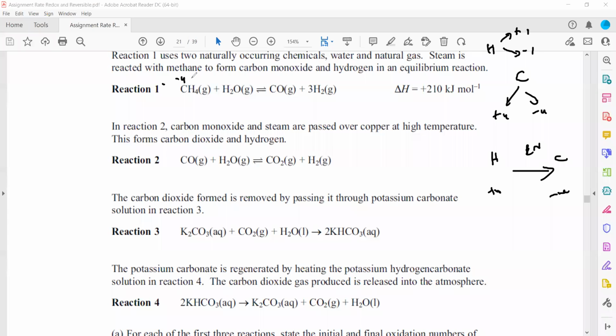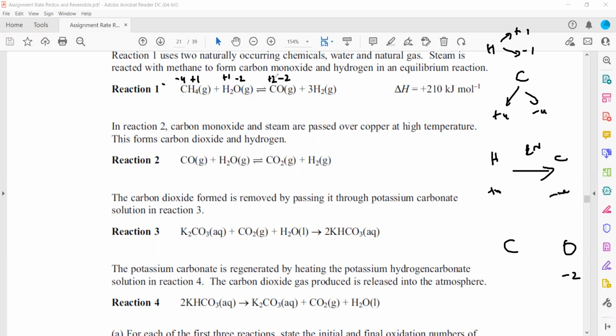So carbon I'll take as negative. And for hydrogen, there are 4 hydrogens, but whenever we write the oxidation number, we write it for each individual atom. Same in water, each hydrogen is plus 1, oxygen is minus 2. In carbon monoxide, the overall compound is neutral, and whenever you write the oxidation number, you should start with the most electronegative first, which in this case is oxygen, minus 2.